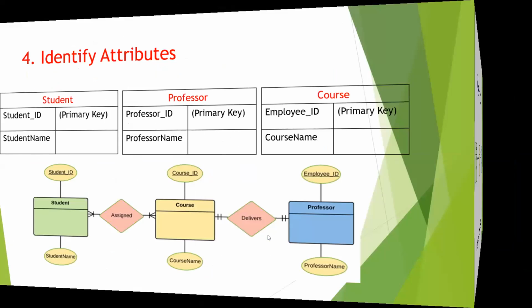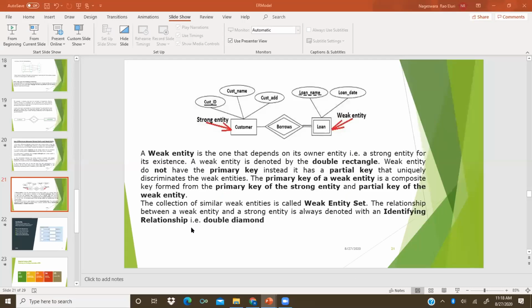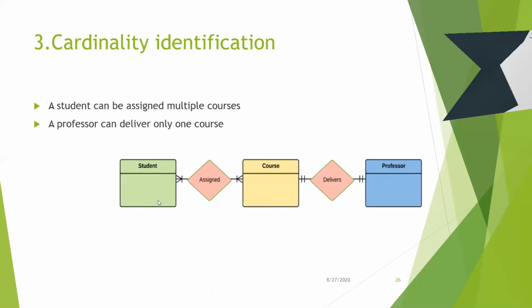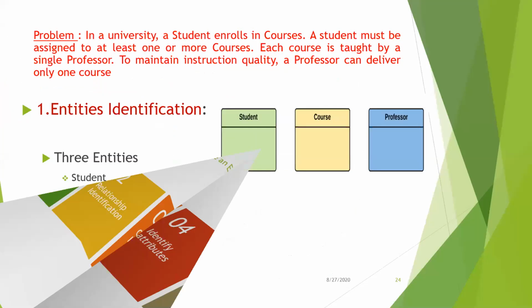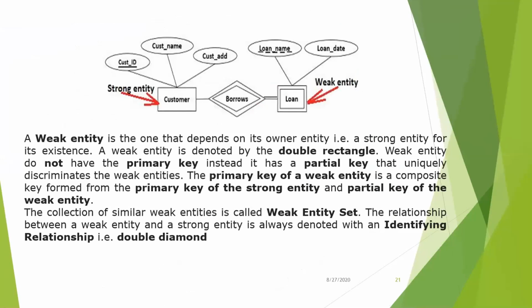Okay, now just go through this here to understand partial key. Yes, here you understand this weak entity, this loan name is the partial key. Now here you see, the partial key uniquely discriminates the weak entities.